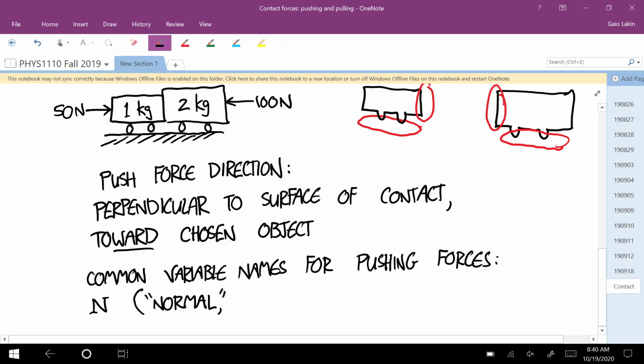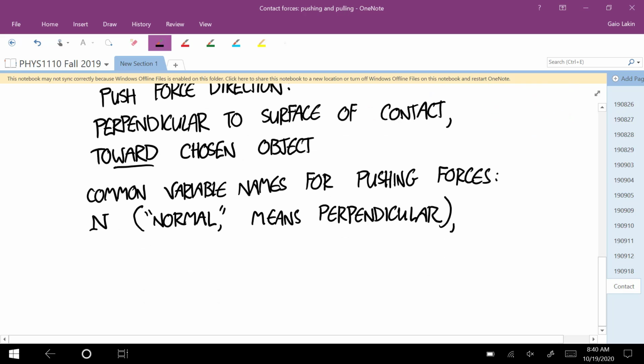And why is it given that name? Because normal is another word for perpendicular. And so since these forces are perpendicular to the surface, it sort of makes sense in some way. This normal means perpendicular. And the second one that you see a lot is a capital R. That stands for reaction force.